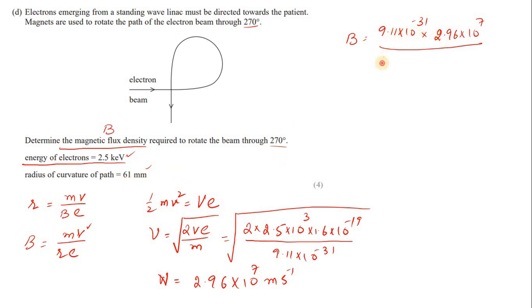So divided by 1000 for millimeter into meters, so 0.061, into electron charge 1.6 into 10 to the power minus 19. So magnetic flux density will be 2.76 into 10 to the power minus 3, or 2.8 into 10 to the power minus 3 Tesla.